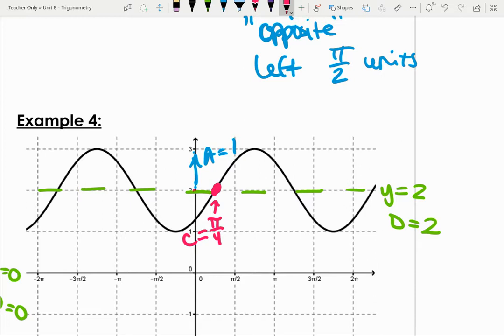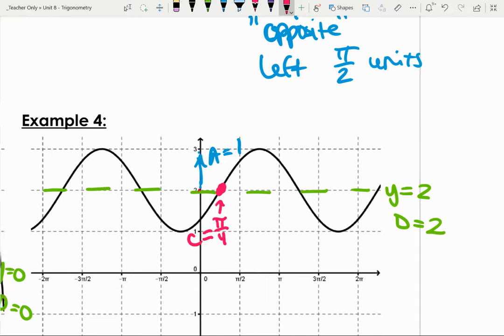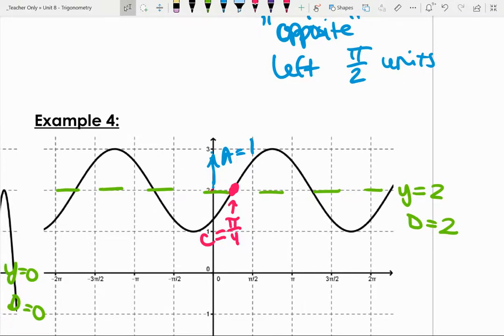And then if I want to think about how many cycles there are per 2 pi intervals, well, there's again a couple different ways I can think about this. I can notice that if I trace this for one whole cycle, so back to midline, it seems to do that on the other side of 2 pi, at 5 pi fourths?